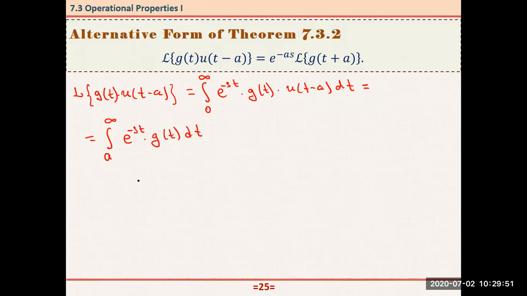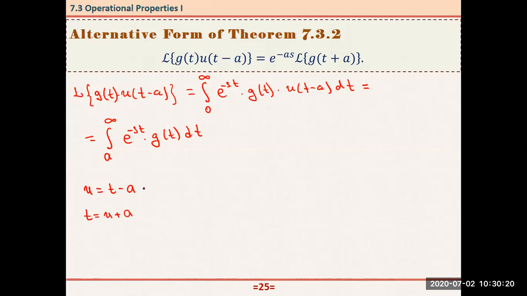Okay, so now instead of this t, let's say u is equal to t minus a. As a kind of substitution method, I want this to start at 0. So if I label t minus a as u, then t will be equal to u plus a.